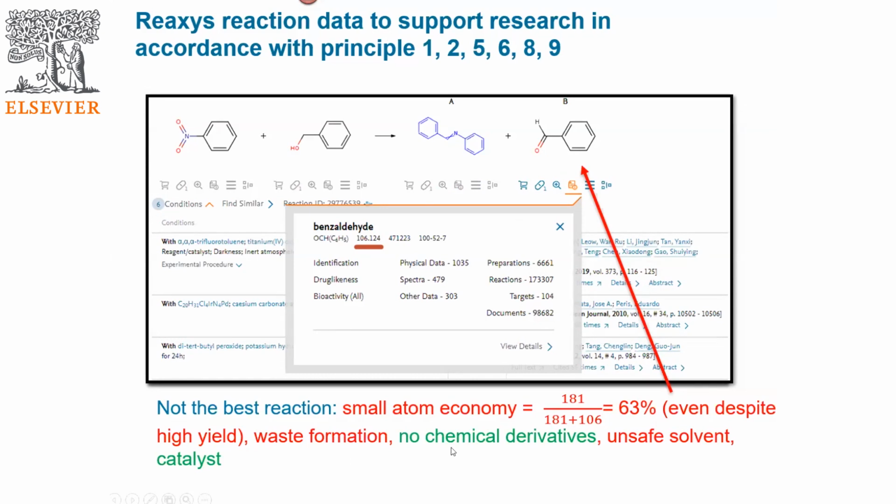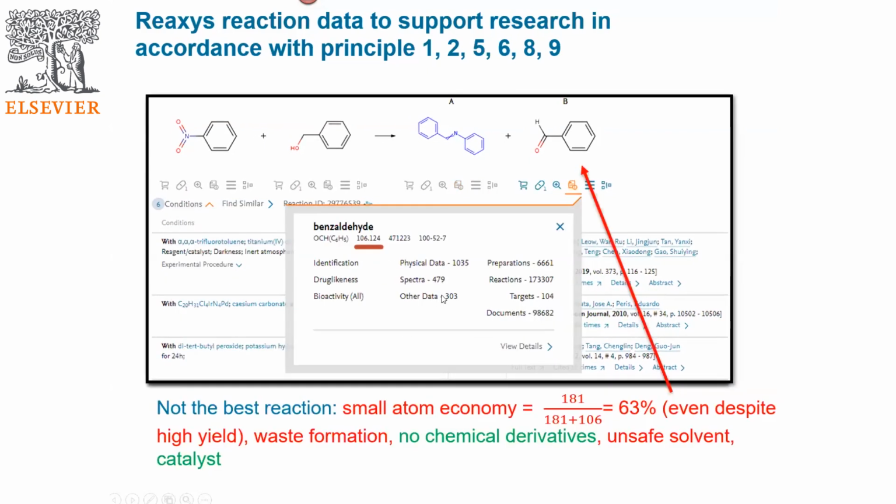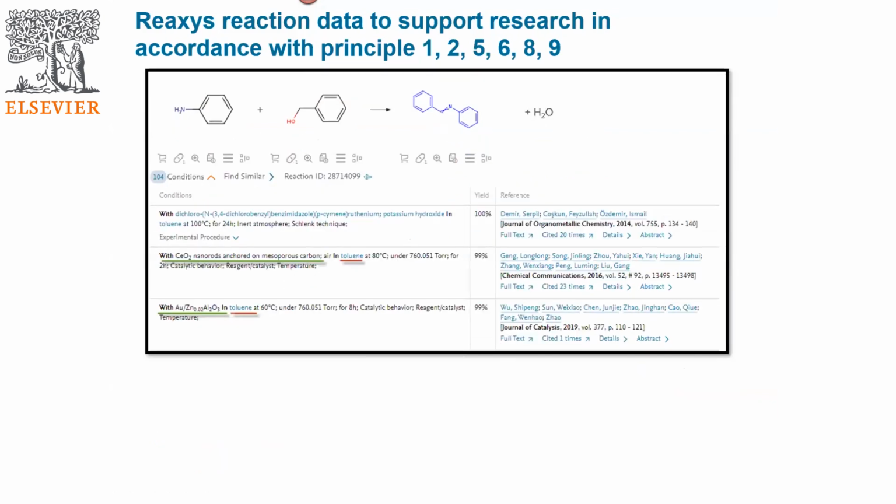At least what is good in it is that there are no chemical derivatives, but as you see, it's carried out in dodecane, and I don't think that it's a safe solvent. The good thing about it is that it uses a catalyst.